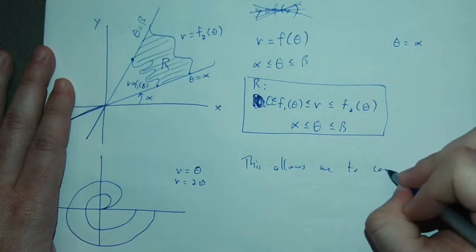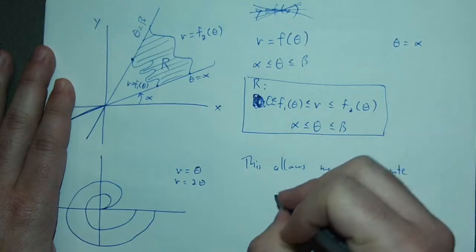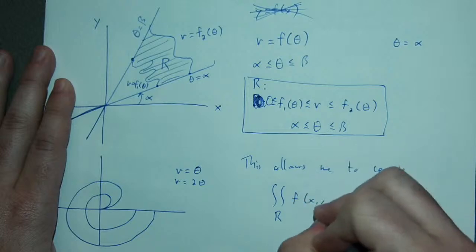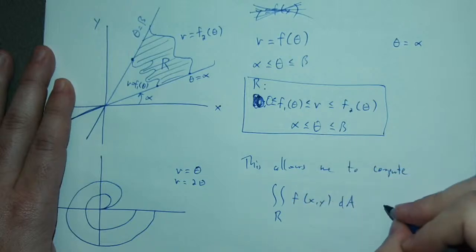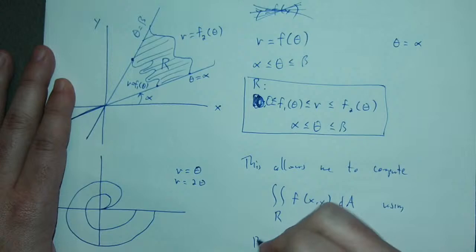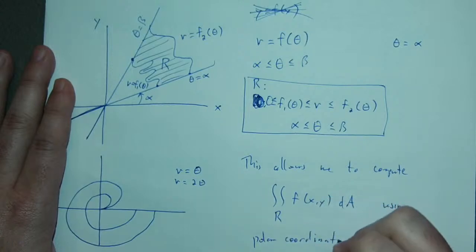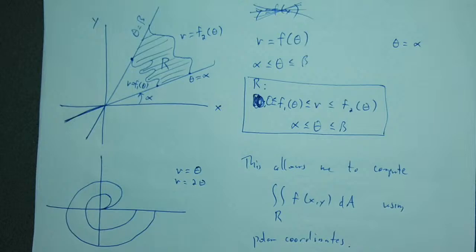Okay. So this allows me to compute the double integral over R of some function dA using polar coordinates. Now, this thing that I'm about to write on the next page might look a little bit confusing at first, and you might say, where does this come from?